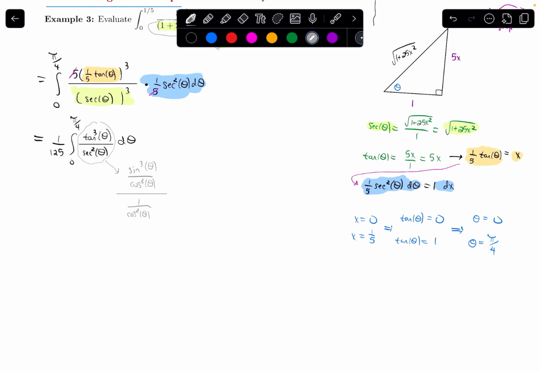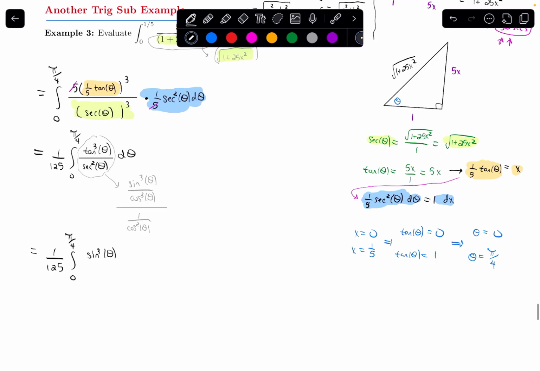And when you divide by a fraction, it's the same thing as multiplying by the reciprocal. So this whole thing will get multiplied by cosine squared over 1, which will cancel 2 of these cosines. So overall, that's leaving me with 1 over 125 in front, times the integral from 0 to pi/4. And we have sine cubed theta all over.